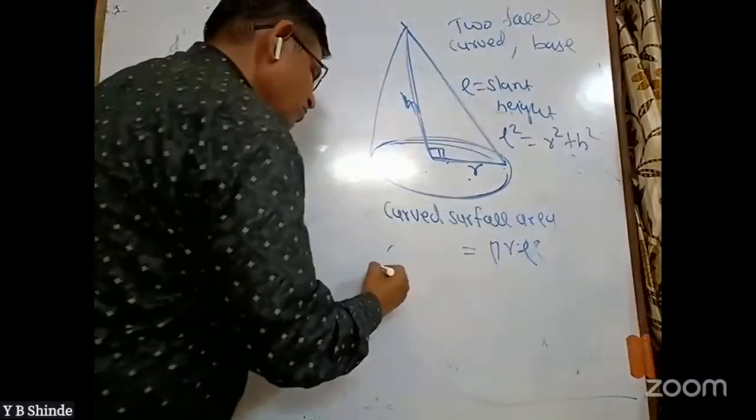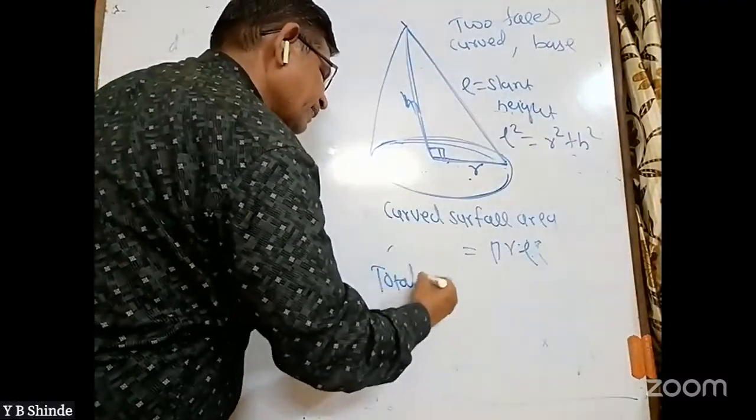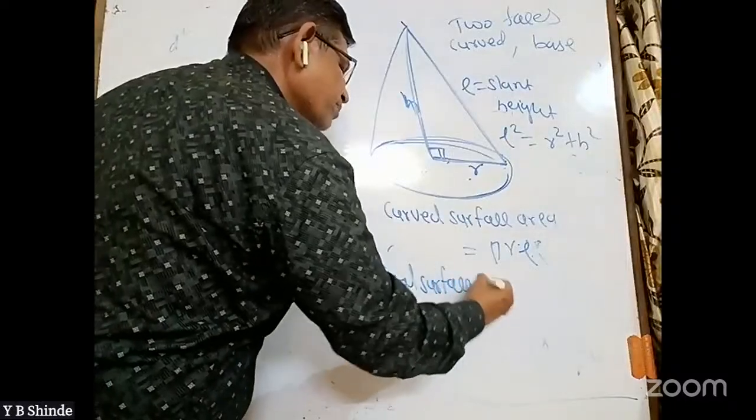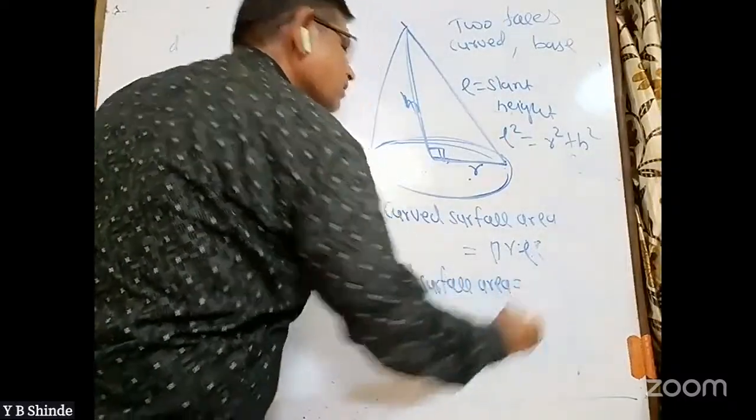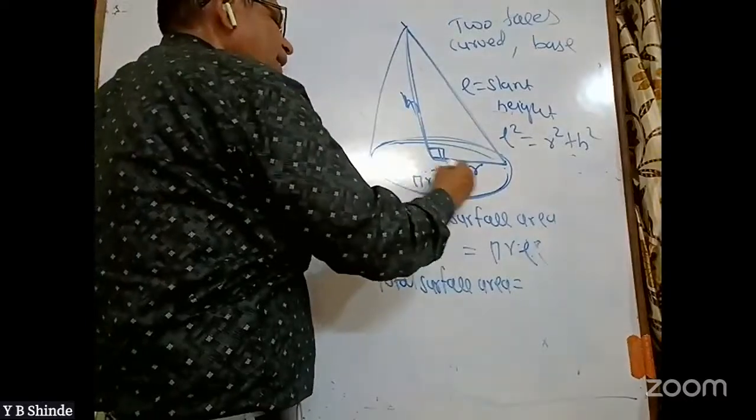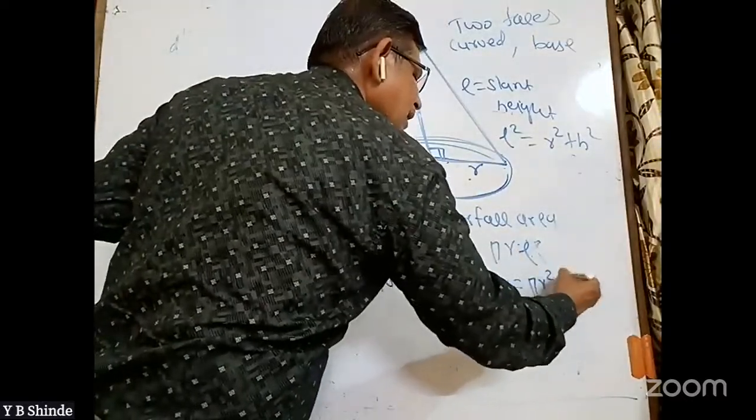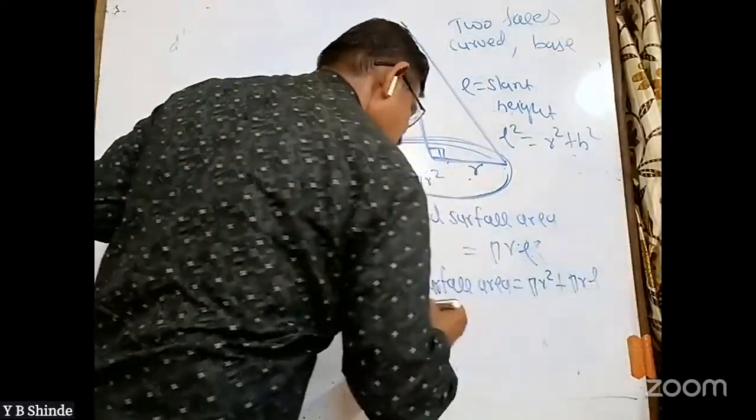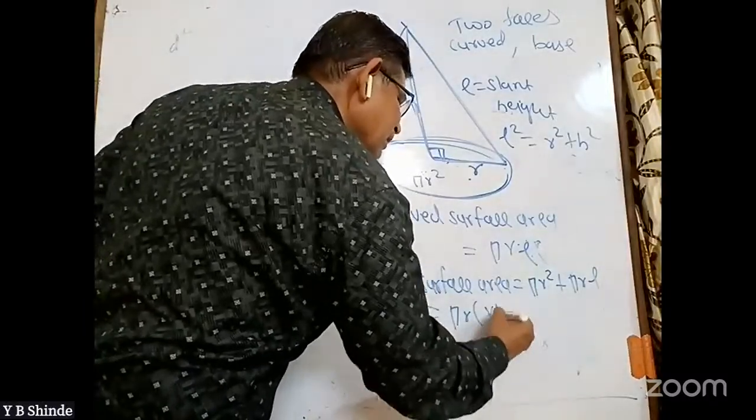So curved surface area is pi r L. Total surface area will be what? Base area pi r square plus pi r l, that is pi r into bracket r plus l.